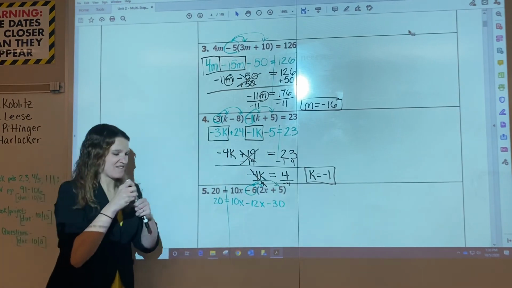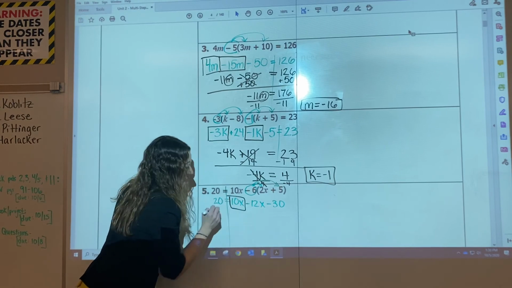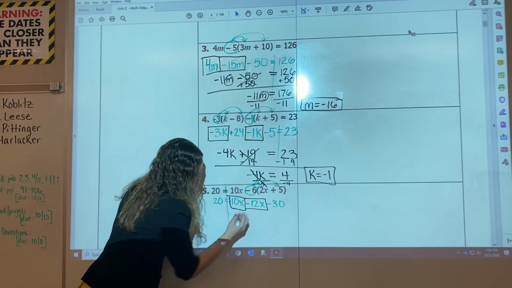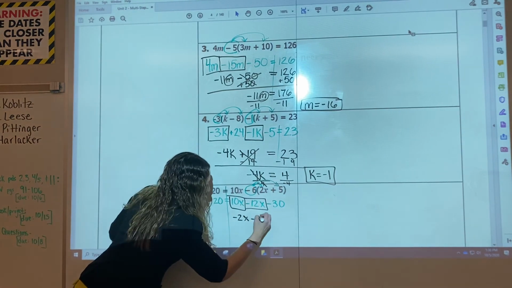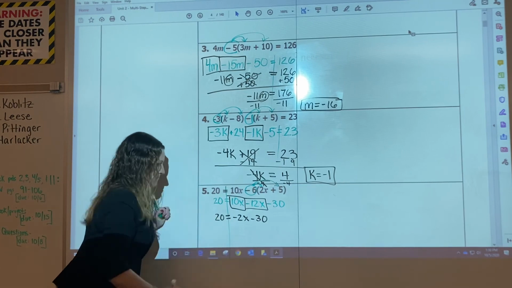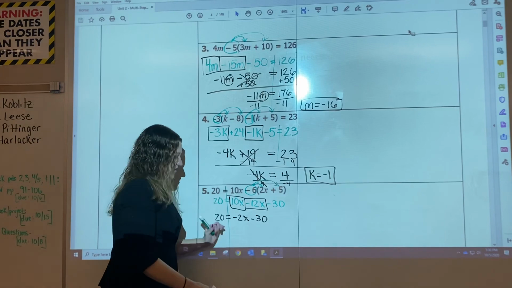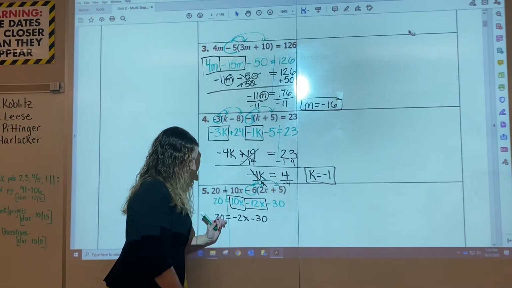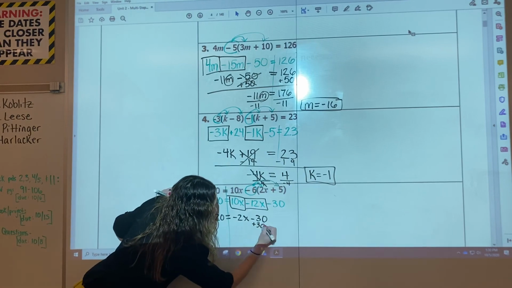All right, we gotta combine our like terms. 10x and negative 12x give me negative 2x. I'm gonna bring down my minus 30, my equal sign, and my 20. So on this side of the equal sign, the side that has the variable, I need to look for that constant, it's right there. 30 is being subtracted, so I'm going to add it.